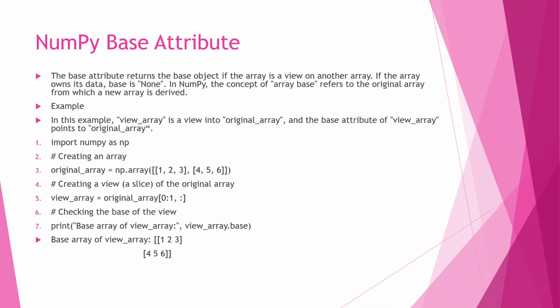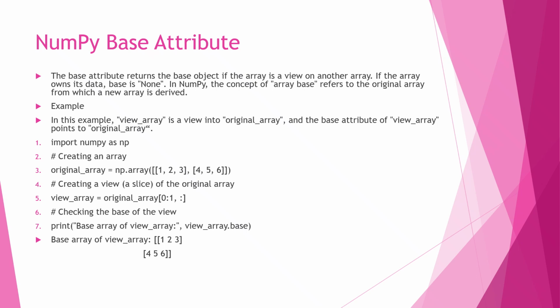The next attribute is the base attribute. This returns the base object if the array is a view on another array. If the array contains its own data, then the base is set to None in NumPy. So the array base refers to the original array from which a new array is derived.